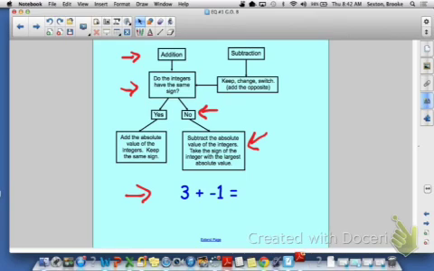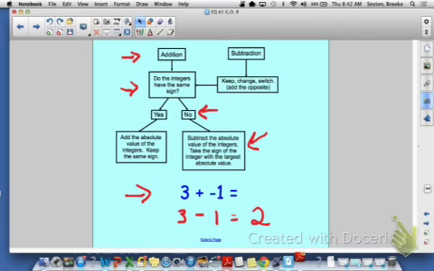Follow my arrows to the next box. Okay. Subtract the absolute value of the integers. Okay. Absolute value of 3 is 3. Absolute value of negative 1? Positive 1. But it says to subtract them. Seems kind of silly, but okay. 3 minus 1 is 2.